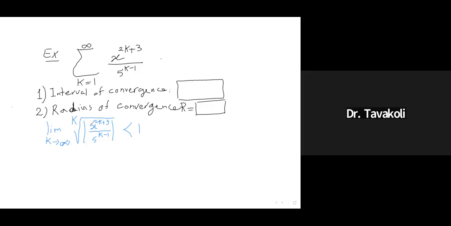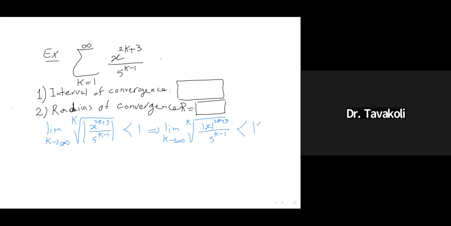First of all, if I apply that absolute value, the only thing that needs the absolute value is x. The base 5 at the bottom is positive, so we don't need to worry about that. Let me rewrite that: absolute value of x to the power of 2k plus 3 over 5 to the power of k minus 1.